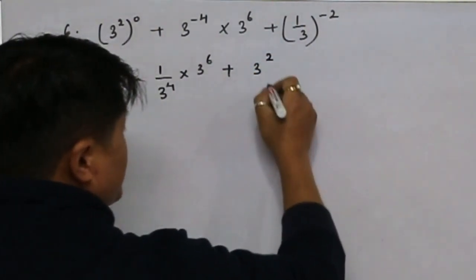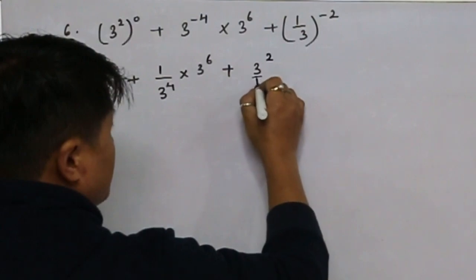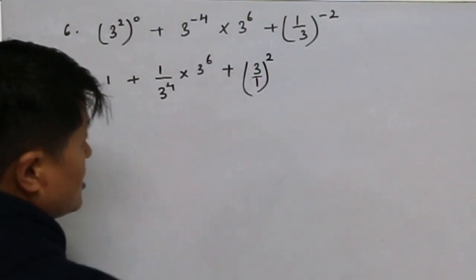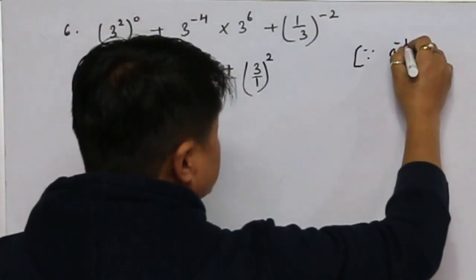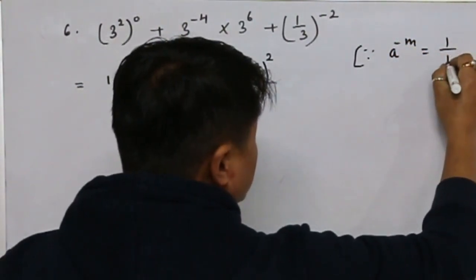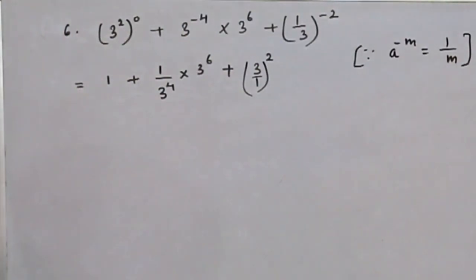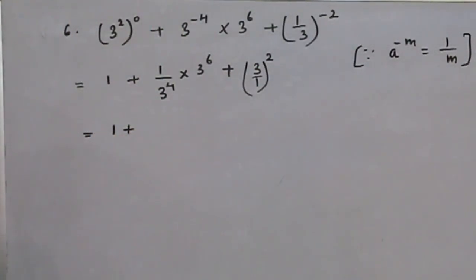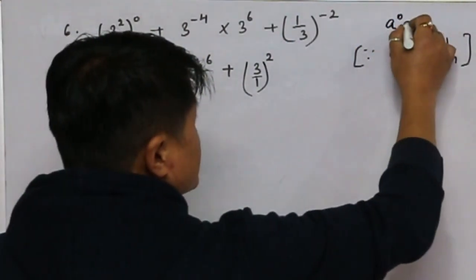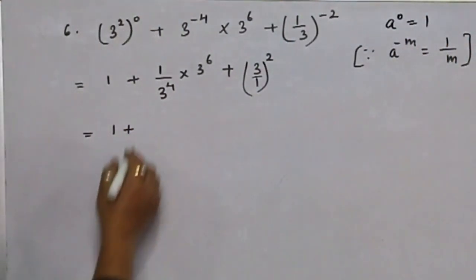We have taken the reciprocal of the base, you can see here. We can write a to the power minus m is equal to 1 by a to the power m. This rule we have used here. Also we have used the rule a to the power 0 is equal to 1.